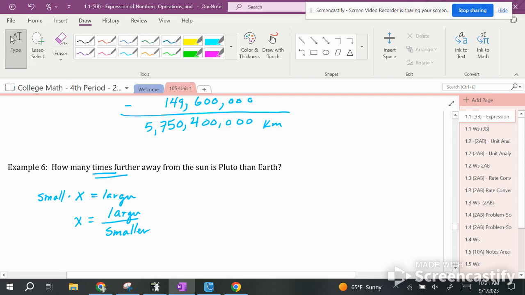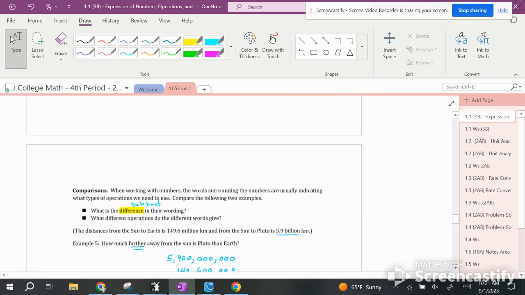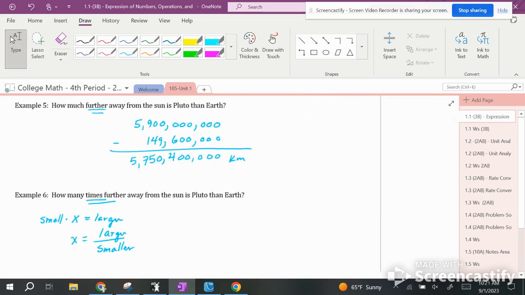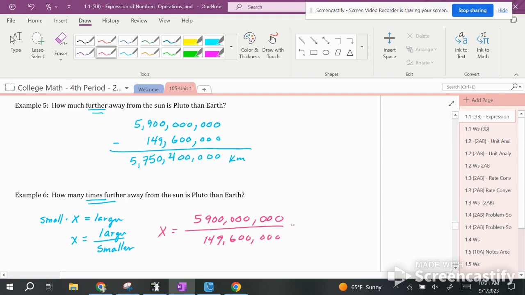Okay, so my larger number was 5 billion. I'd take that and divide by the smaller, 149.6 million. You did that already? Everybody can do that on their own, right? We don't need to practice that.